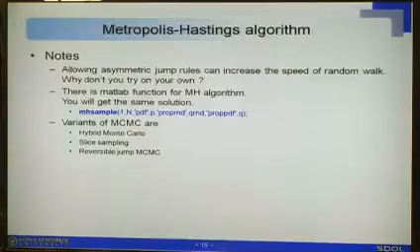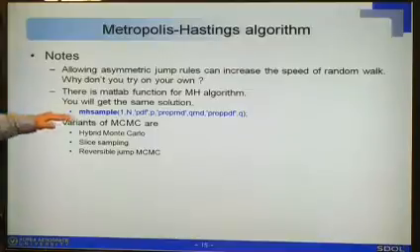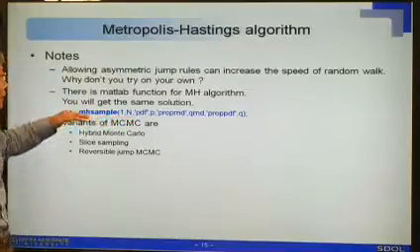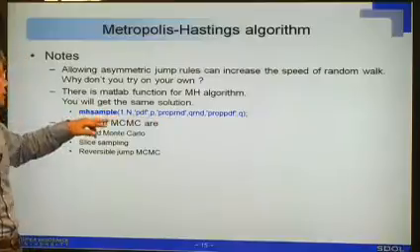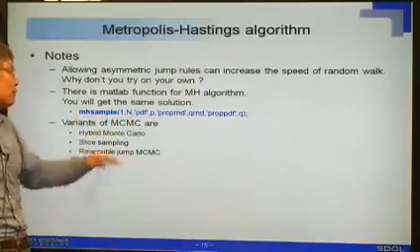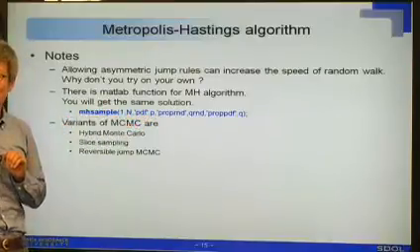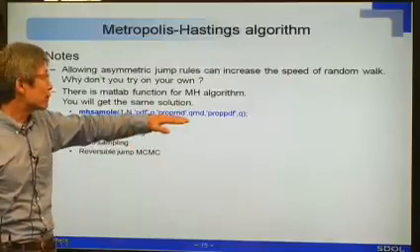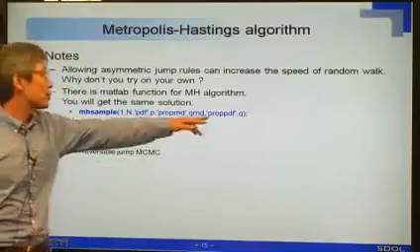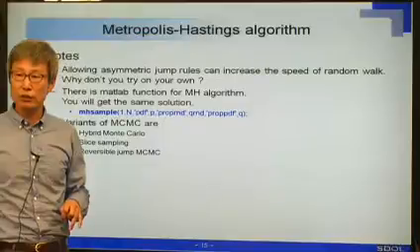And in order to use this function, you need to provide information for this. You need to provide information for P, which is the target distribution. You also have to provide Q, which is a proposal distribution.